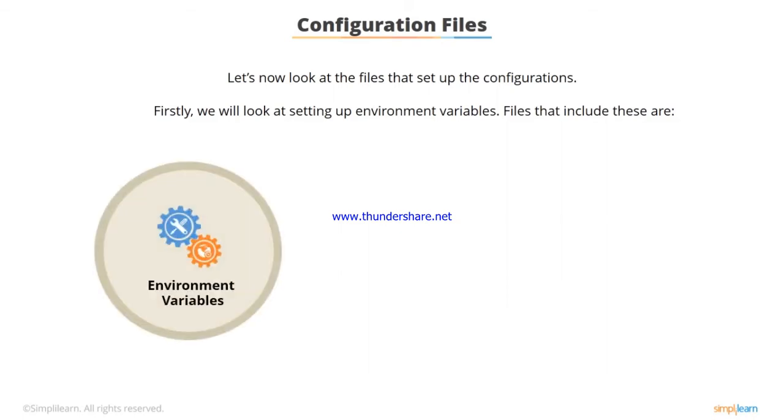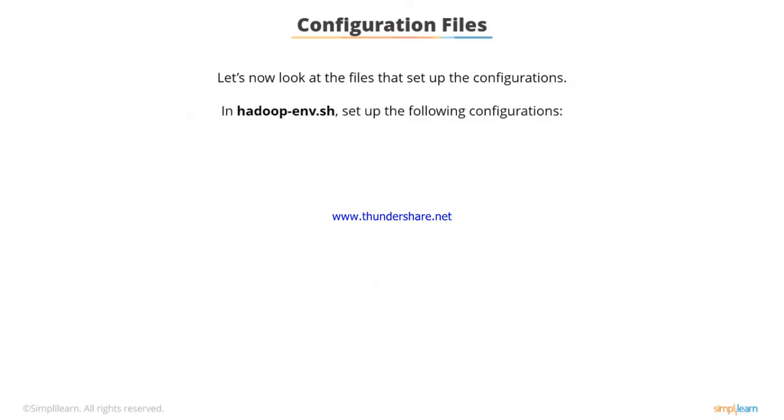Firstly, we will look at setting up environment variables. Files that include these are hadoop-env.sh, mapred-env.sh for MapReduce, and yarn-env.sh for YARN. In hadoop-env.sh, set up the following configurations.